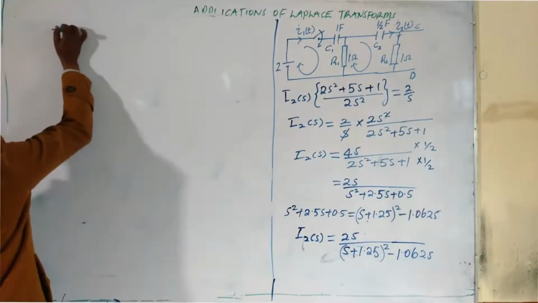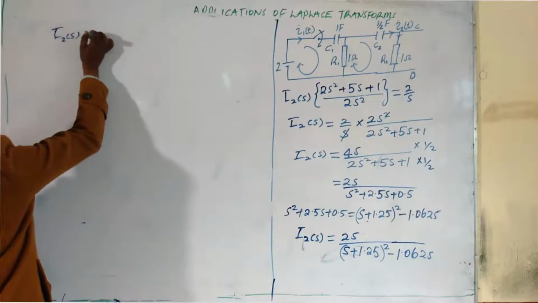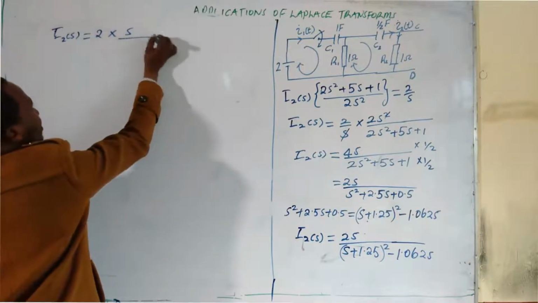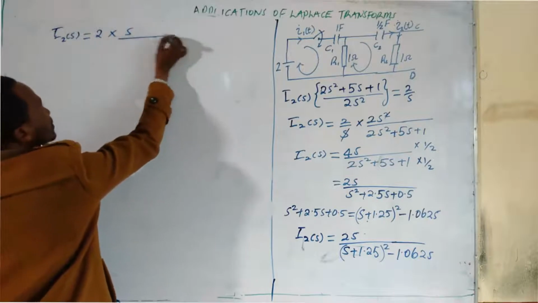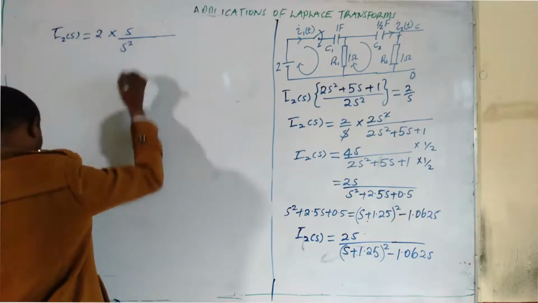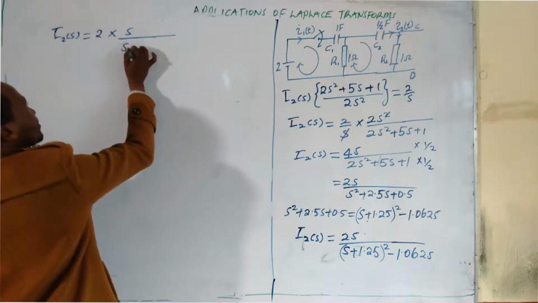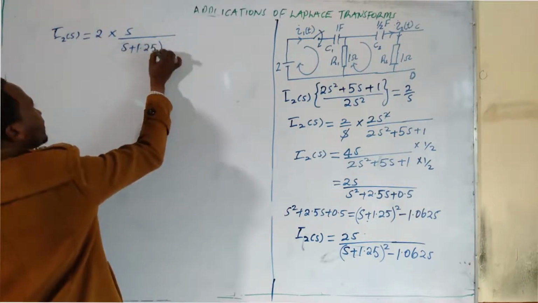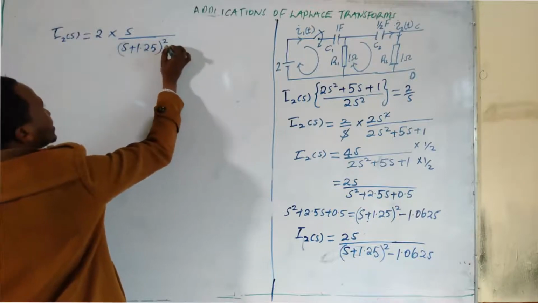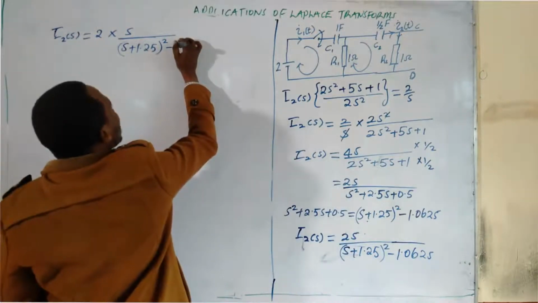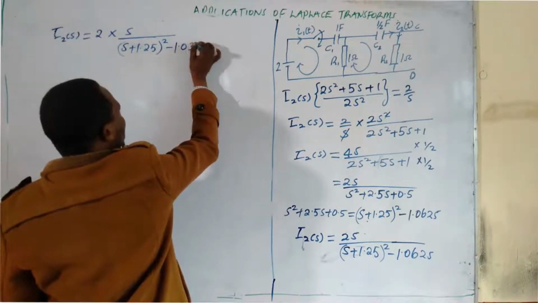I2 of s now becomes 2 times s over s plus 1.25, and we square that, minus, what is the square root of this? 1.031.